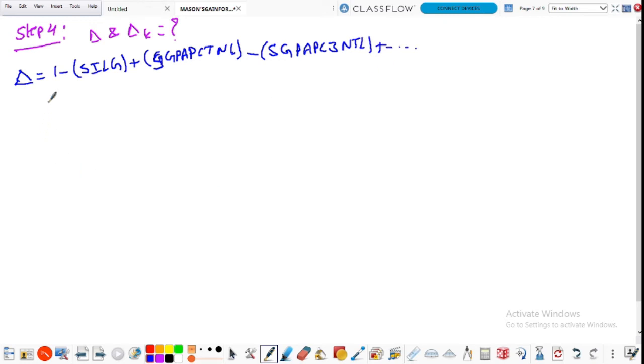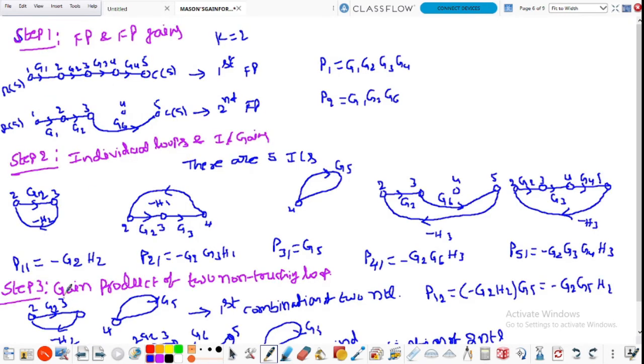Now here, what are the individual loops? These are the individual loops: P11, P21, P31, P41, P51 are the individual loops.